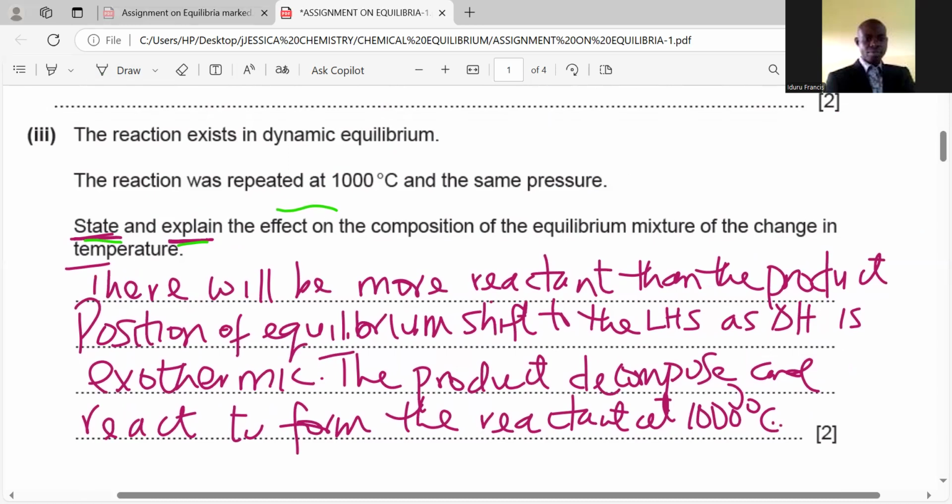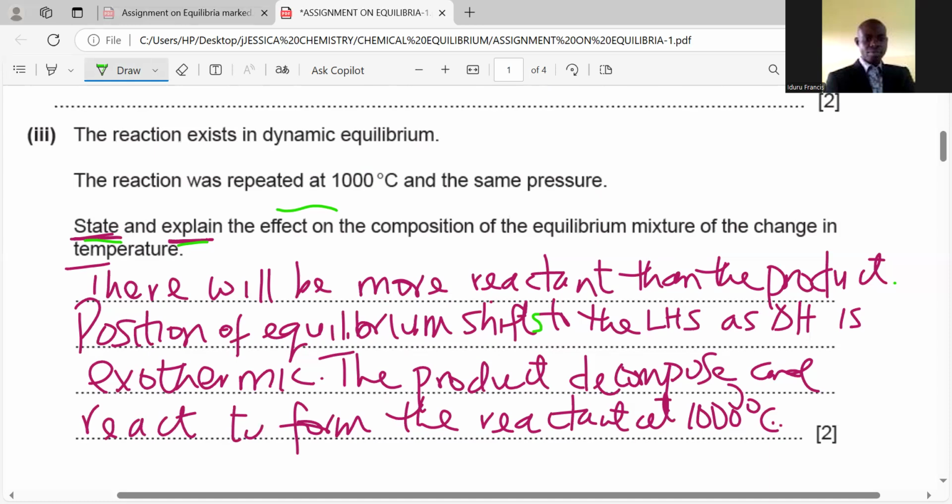So state the effect on the composition of the equilibrium mixture. There will be more reactant than product. That is the first one that we have to state there. Our explanation: the position of the equilibrium shifts to the left-hand side as delta H is exothermic or negative.